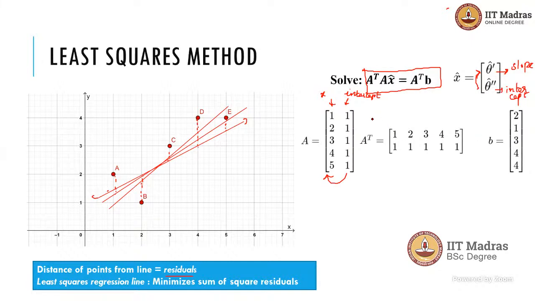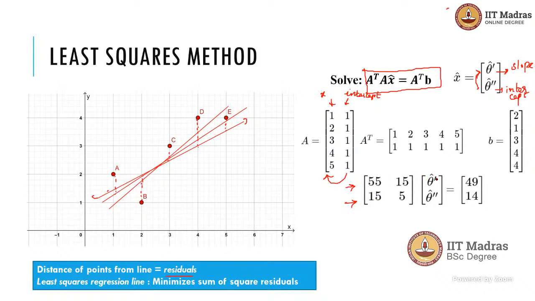So compute this formula, compute this matrix, and then you just have to find A transpose A and A transpose B. If you find it, then we can have these two matrix values, and this is a vector with A transpose B. So we have two equations, right? It is simply solving linear equations. 55 theta prime hat plus 15 theta double prime hat equal to 49.